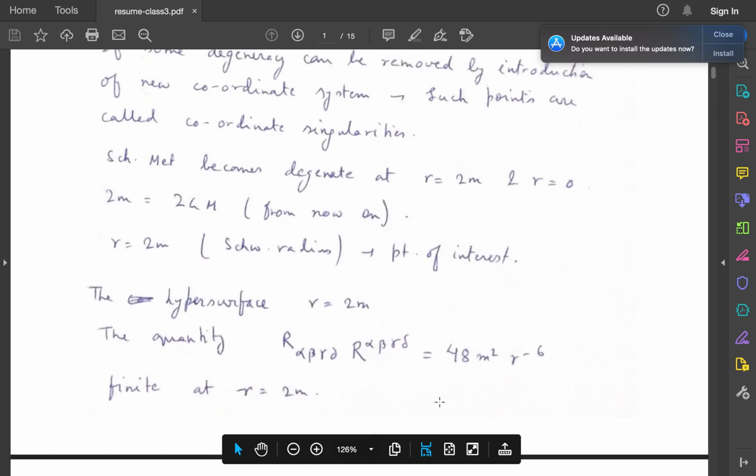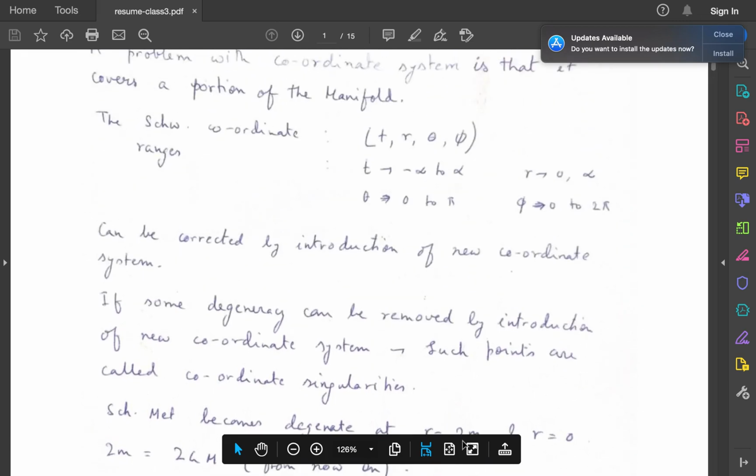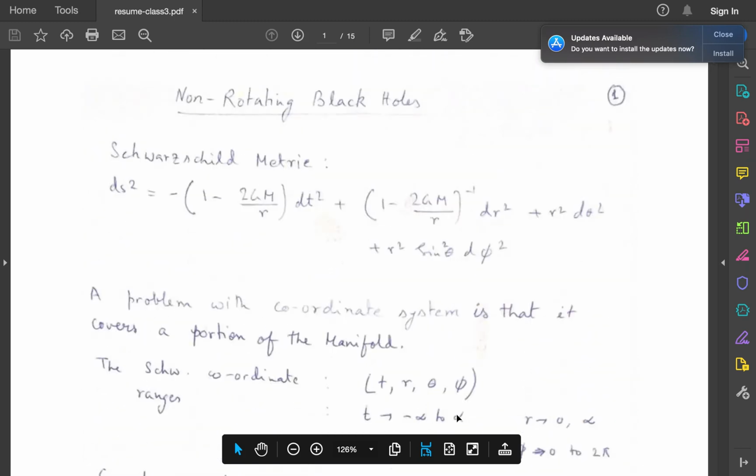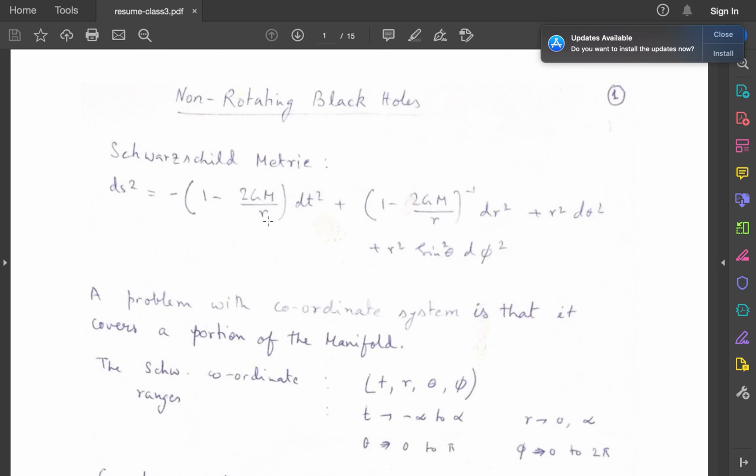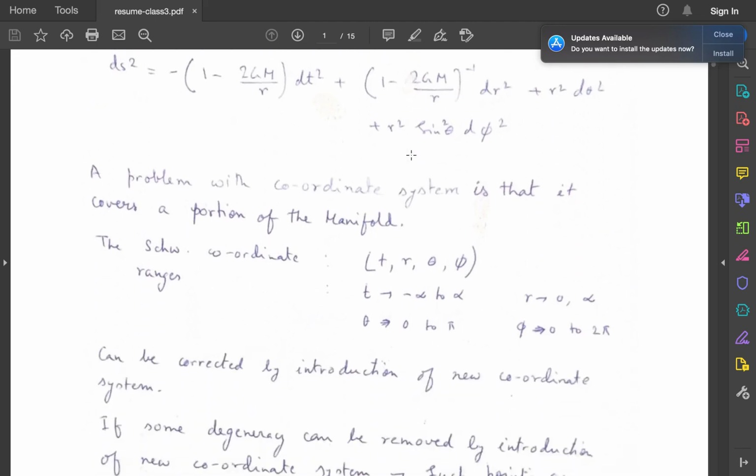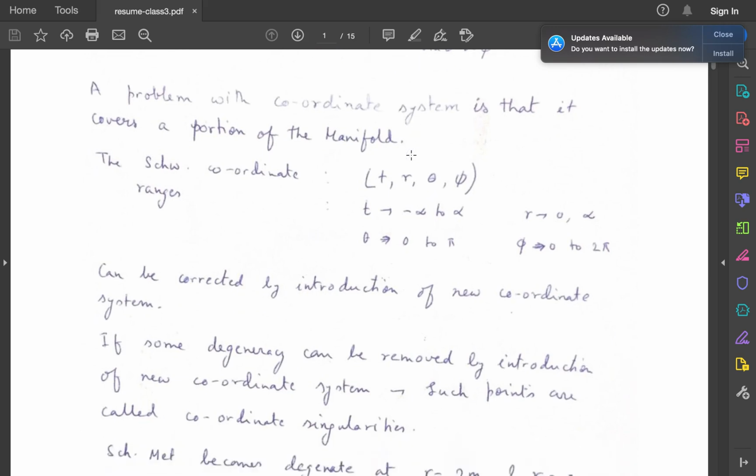So if I put r equal to 2m in the metric, this will be 0. However, the problem here is that this will blow up. There is a degenerate point here. Therefore the Schwarzschild coordinate cannot cover this point.